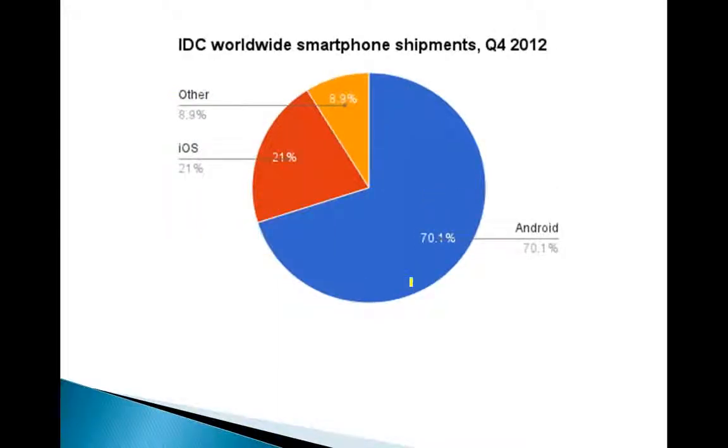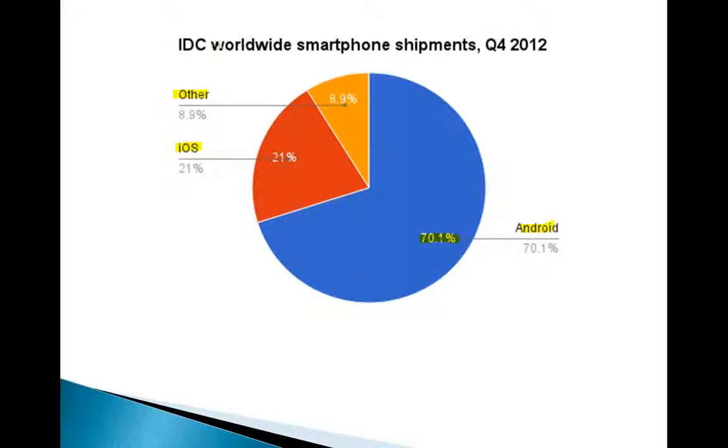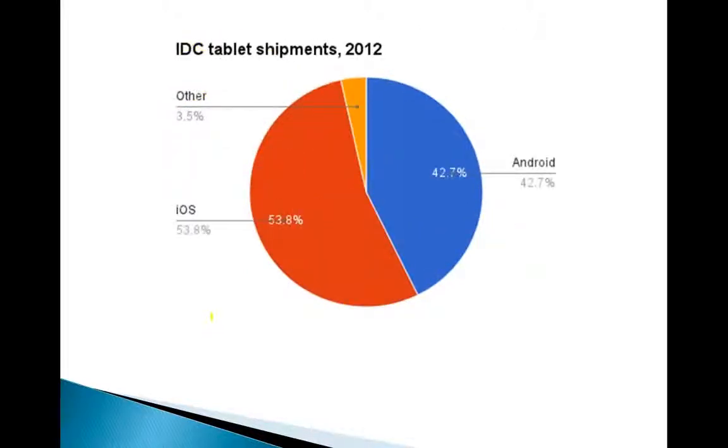So as far as smartphone shipments, Android has a significant lead, but simply because it has so many companies producing phones running that OS. iOS is just one company. And then other phones, once again. So this is shipments versus sales. It's a different survey company that did these surveys, so you've got to take some of these numbers with a grain of salt.